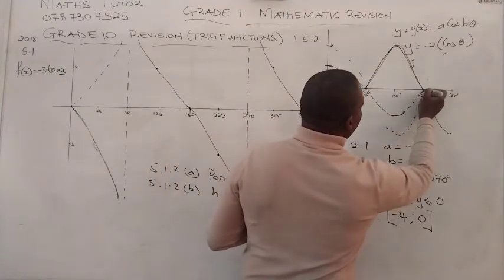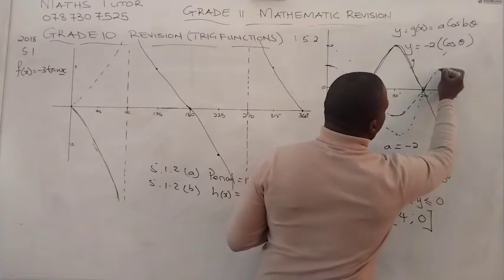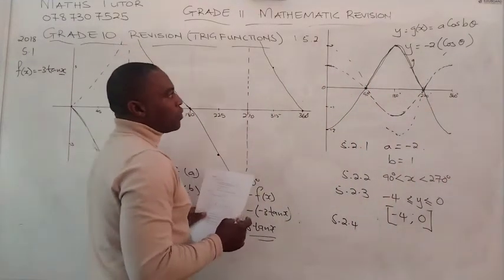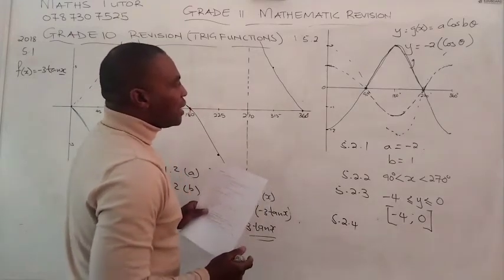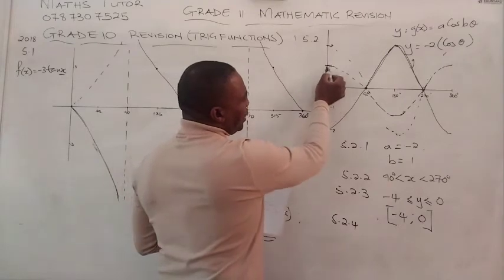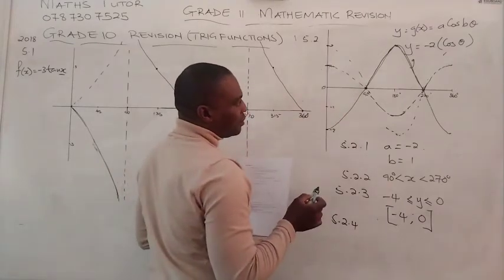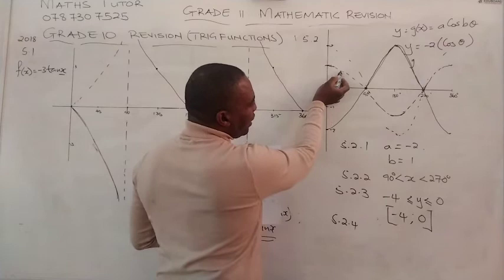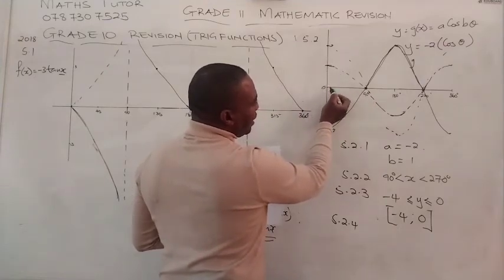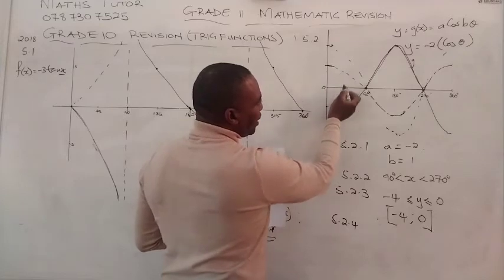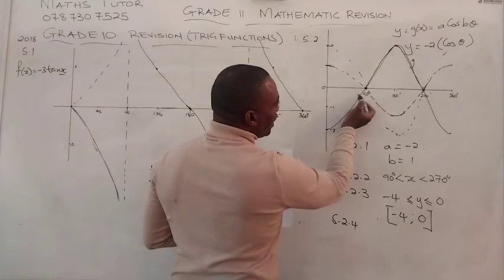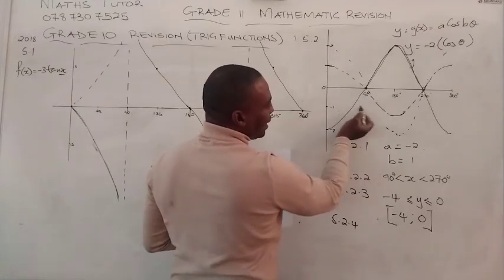And then it goes, that is the graph of cos theta. Now, if we check, when theta is 0, it's 1. And then as we move towards 90, that is 1 degree, 2, 3, 4. And then after 90, we will have the same values, but they are negative.